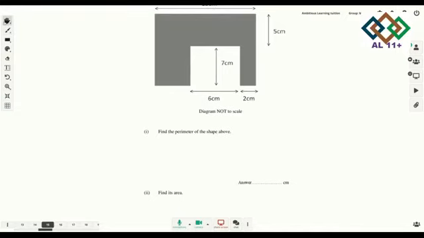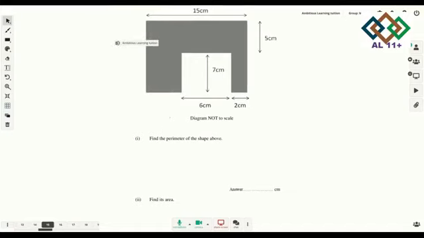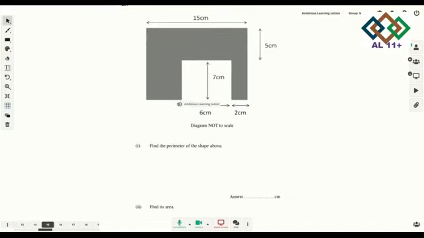23, they have just given you a diagram and they have told you to find the perimeter of this one. To find the perimeter of the shape, let's find the perimeter first. So let's just do the sides. Let me just do the sides for you guys. This is 5.